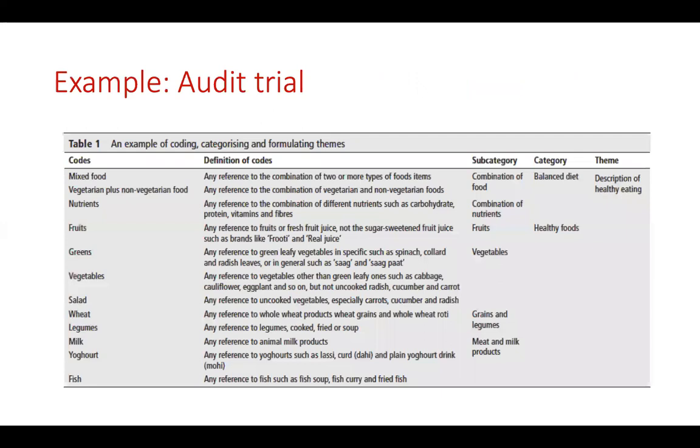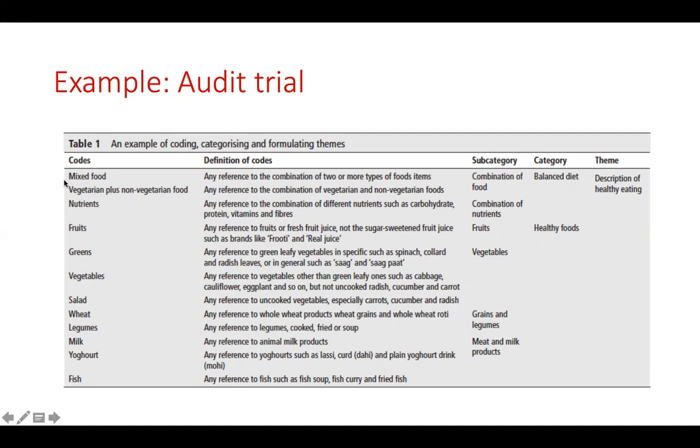So this is an example of the audit trail that we did in our study. We presented an example of how we defined our codes and then how they were categorized into subcategory and then category, and then theme was identified out of this. So in this example, we used inductive coding.